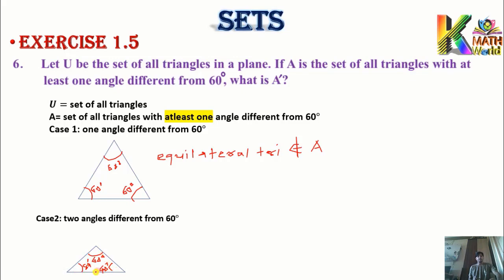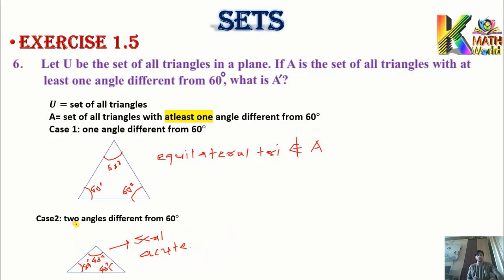So 80, 40 and 60. All the angles are different, so all sides are also different. This is called a scalene triangle. As all the angles are smaller than 90, this is also an acute angle triangle.